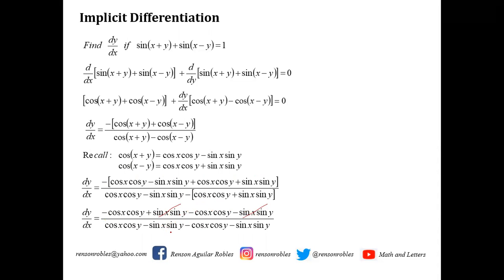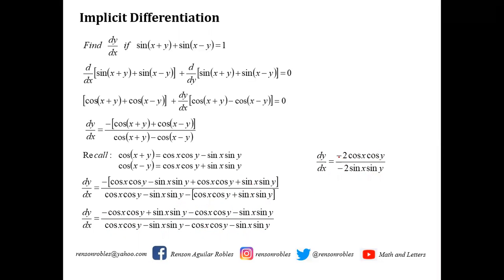On the denominator, we can see that negative cos x cos y and cos x cos y will become 0. And combining the remaining terms, we shall have negative 2 cos x cos y. And then on the denominator, we shall combine these two, and that will give us negative 2 sin x sin y.